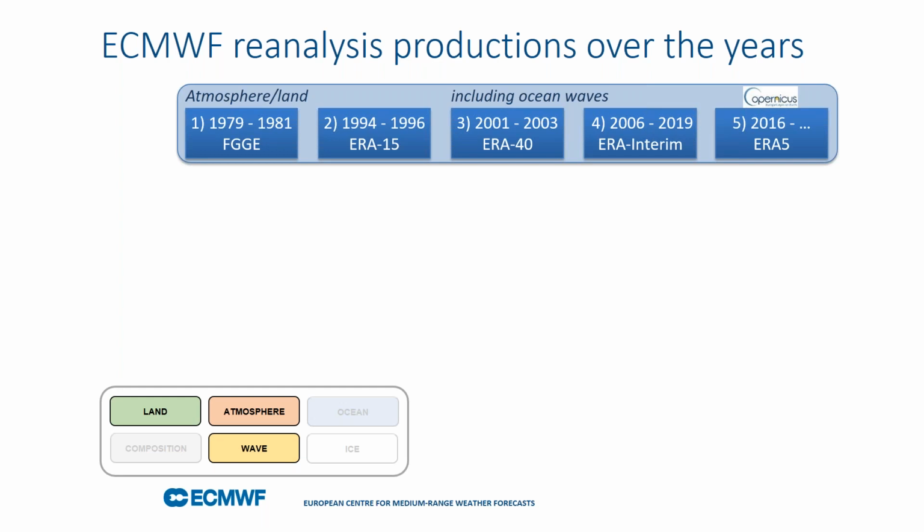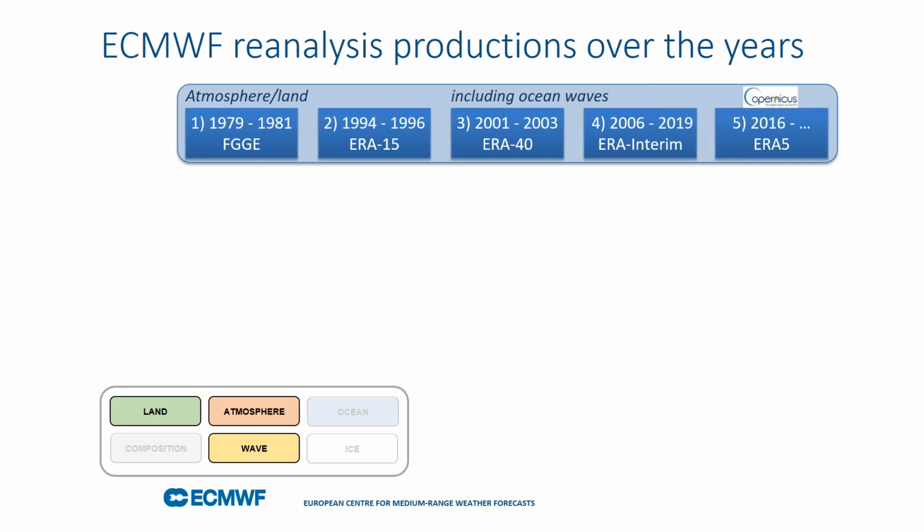We like to think that FGGE was the first real modern reanalysis, even if it was only a year-long data set, but it was really the first digital global data set that described the complete circulation of the atmosphere. So in that sense, and based on observations, of course, it really was the first reanalysis, and it was a very international collaboration, and that set the tone for all the other reanalyses that followed.